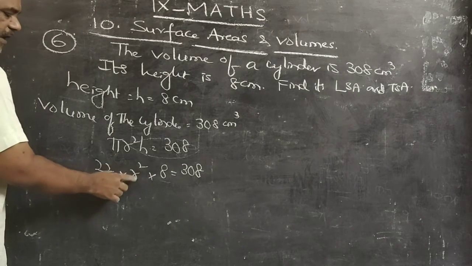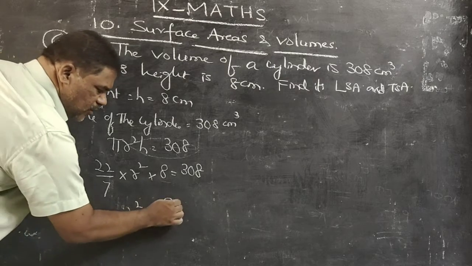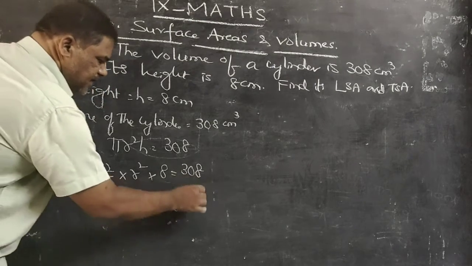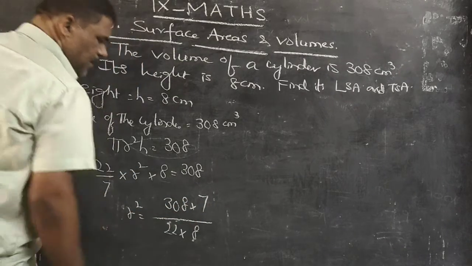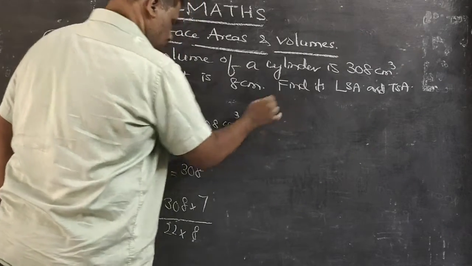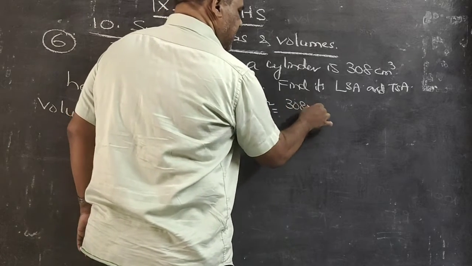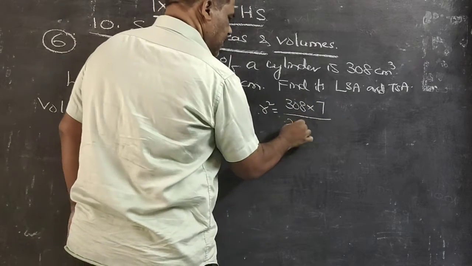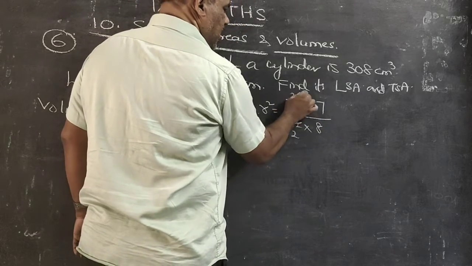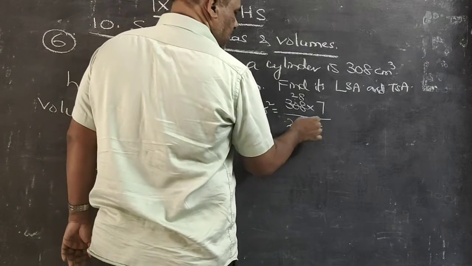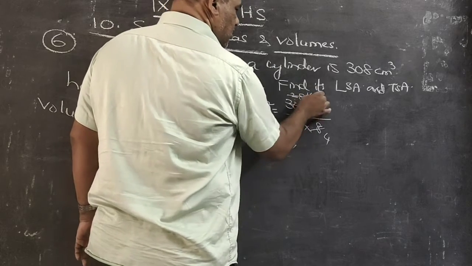Here to find out R value, keep R on the left side, remaining numbers you have to take to the right side. So R square is equal to 308 into 7 in the numerator, 22 into 8 in the denominator. 11 2s are 22, 11 8s, 2 4s, 2 14s, 2 1s, 2 7s.